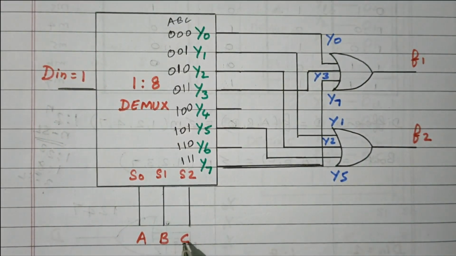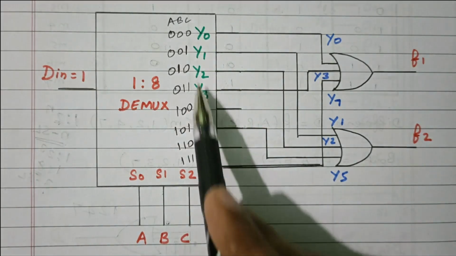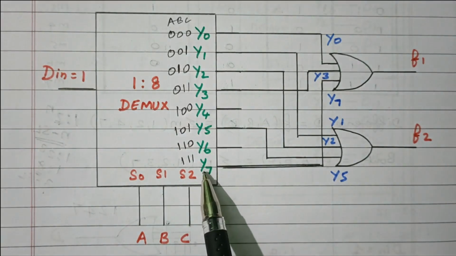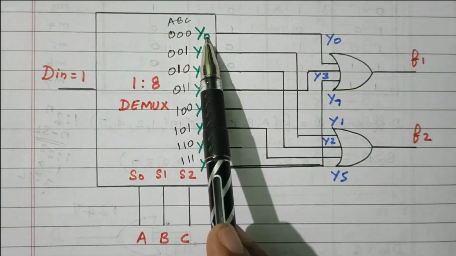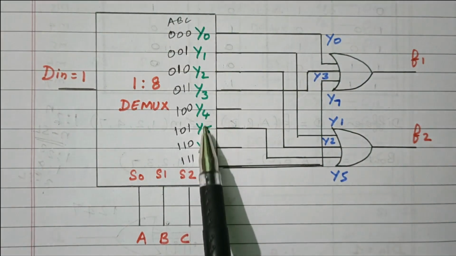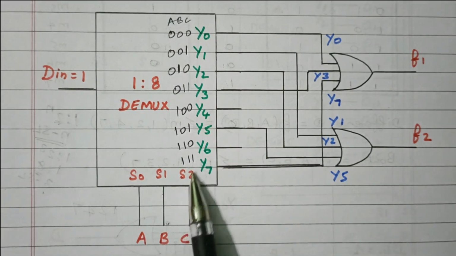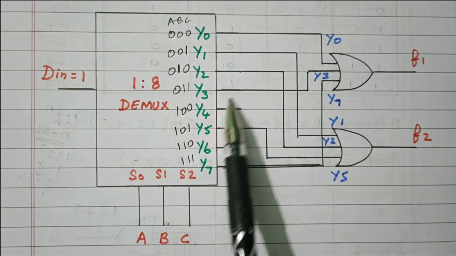So these 3 selection lines decide which output will be high and which other outputs are low. 0, 0, 0 means only Y0 will be high, 1. All other outputs will be 0.